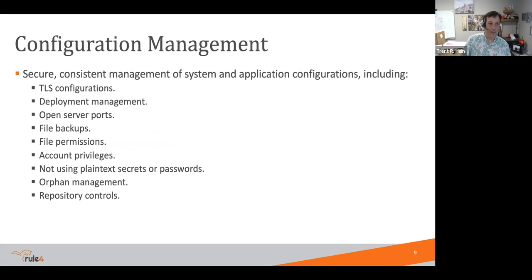Configuration management. So this is something that's often forgotten on the operations side. So we might build the application with an amazing secure architecture and implement all of our encryption correctly and so on, and then have it fail in production because our operations team isn't staying on top of configuration management.